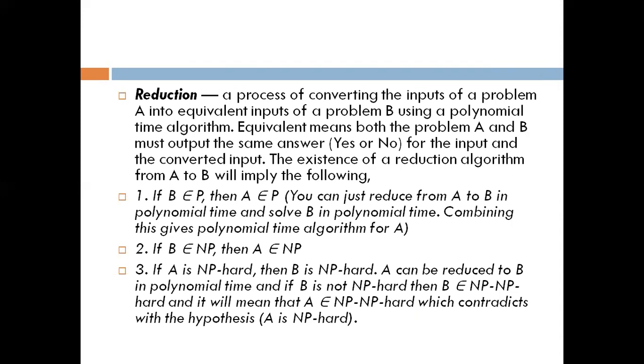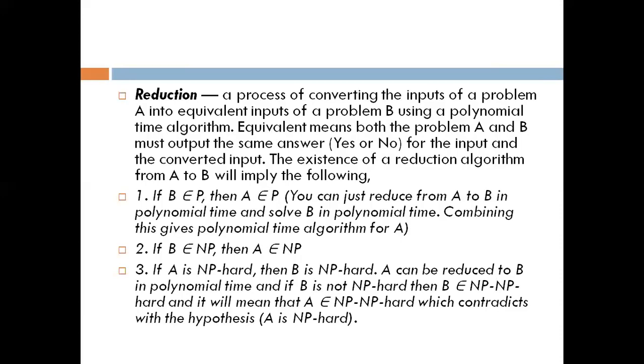The existence of a reduction algorithm from A to B implies the following. First, if B belongs to P, then A also has a polynomial time algorithm. Here you can reduce from A to B in polynomial time and solve B in polynomial time; combining these gives a polynomial time algorithm for A. Second, if B is an NP class problem, then A is also an NP class problem.